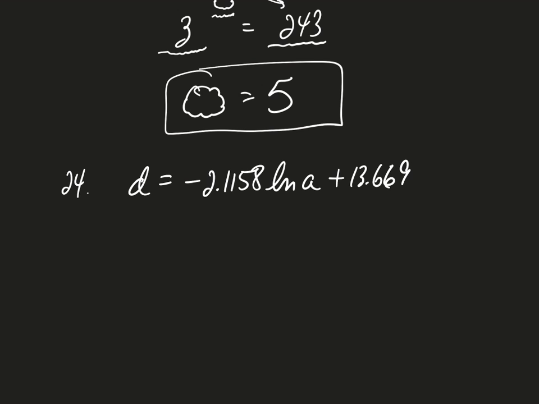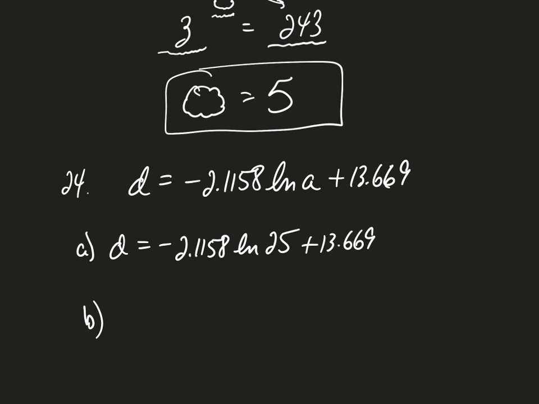So what they then ask us in the problem is, they don't letter this, but there's essentially two parts. Can you find the diameter of a person's pupil when they are 25 years old, and then when they're 50 years old?